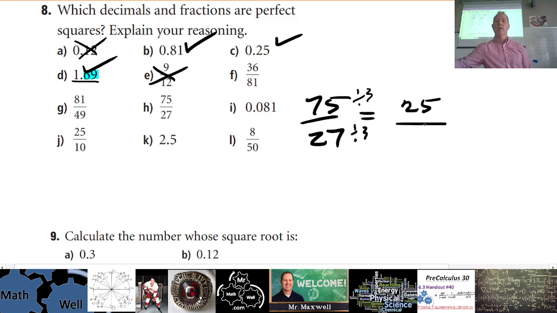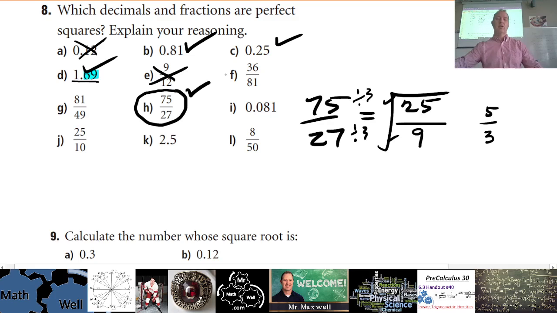Ooh, that looks good. And 9. Ooh, that looks good too. Look at that, reduced. I have a perfect square on top, a perfect square on the bottom. So guess what? The square root of this is going to be 5 over 3. So 25 over 9, or 75 over 27, is a perfect square. Good to go. Okay?